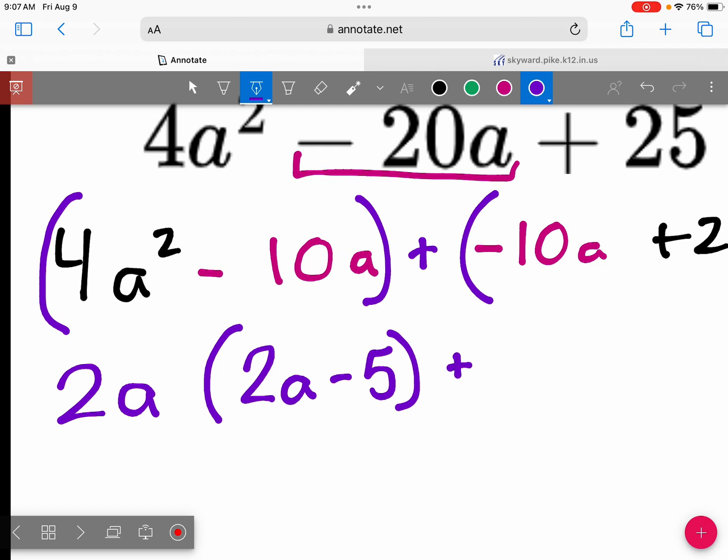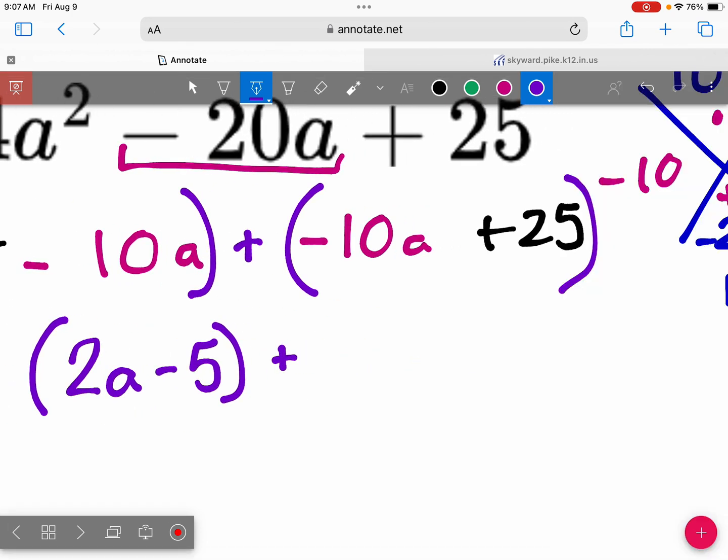What is shared between minus 10a and positive 25? 5. But if there's a minus in front, we want to take out a minus 5. We don't like to start things with negatives. So I want to take out a minus 5 as our GCF because that's going to leave us with 2a minus 5.